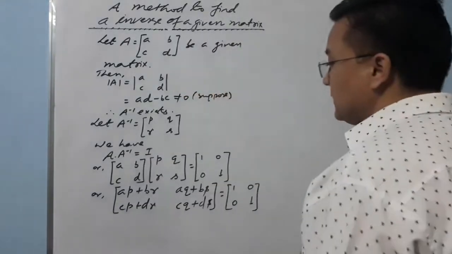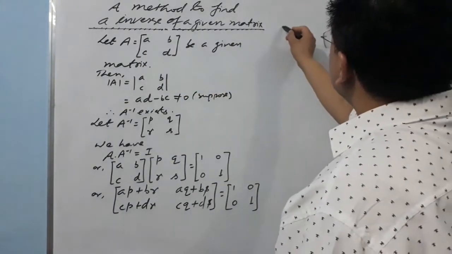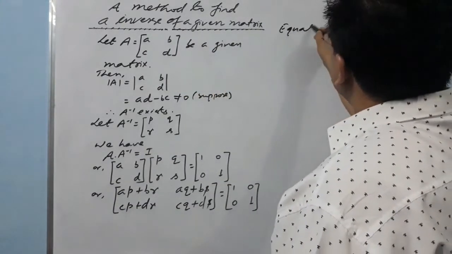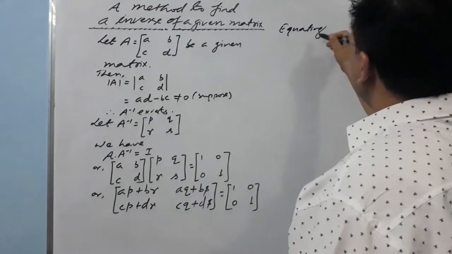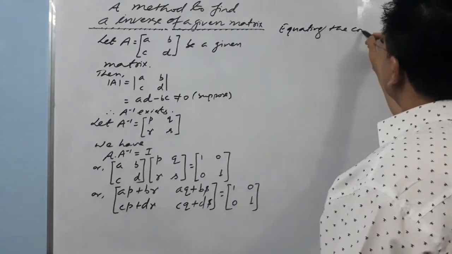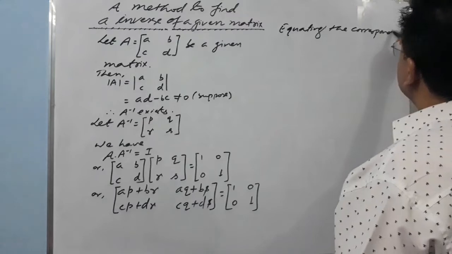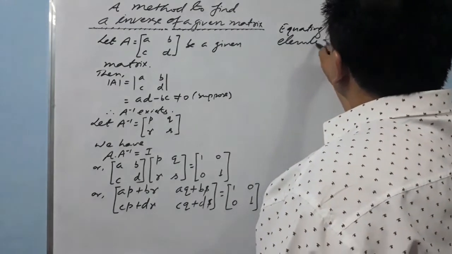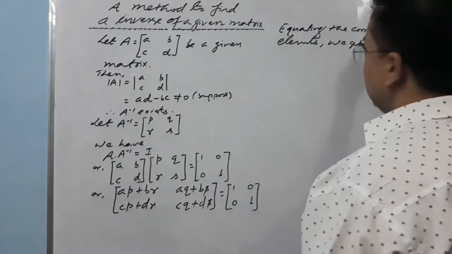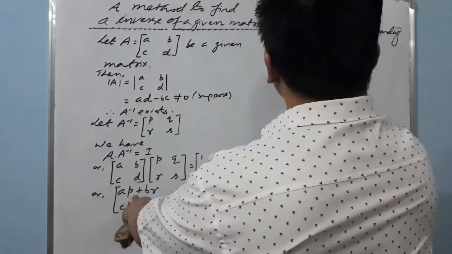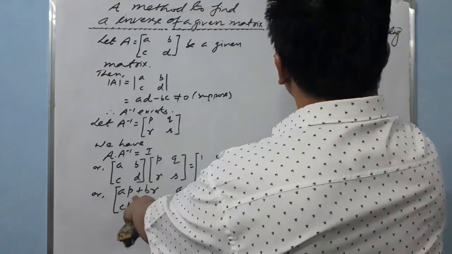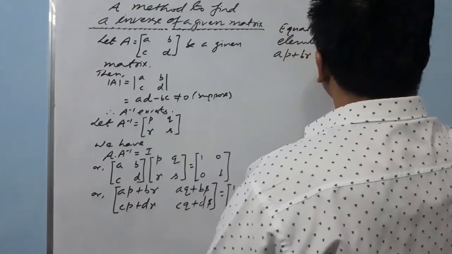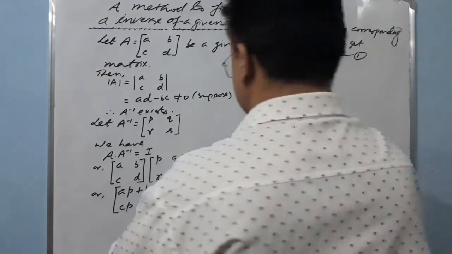Now if two matrices are equal to each other, then their corresponding elements are also equal. Equating the corresponding elements, we get AP plus BR is equal to 1. Let's suppose this is the first equation.